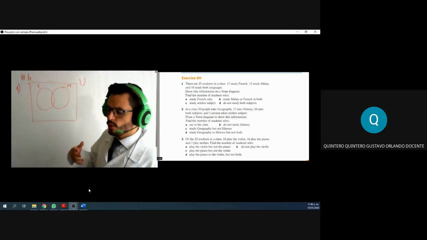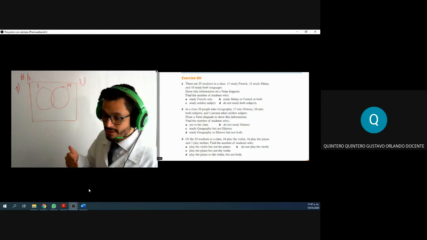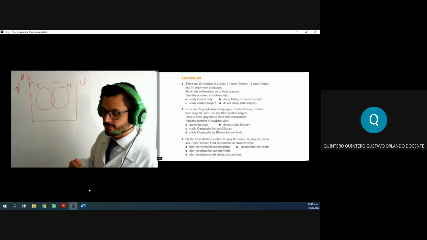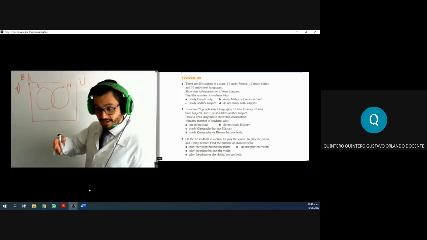Again, let's put the information of the exercise in the diagram. The exercise says that there are 25 students in a regular class, and 17 study French. So I'm going to have to do 17 dots, each dot representing a student.